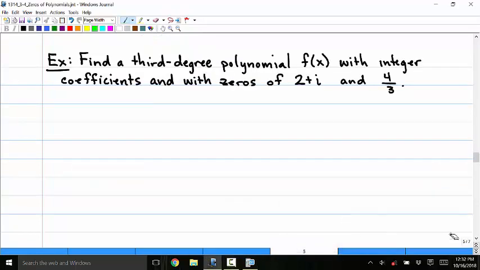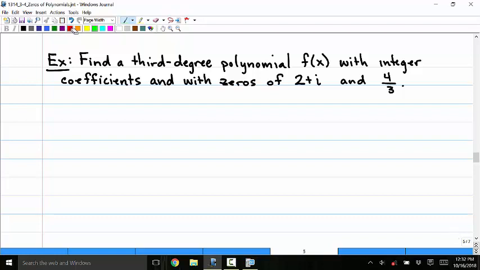Okay, next problem says to find a third degree polynomial with integer coefficients, and it has zeros 2 plus I and 4/3. How many zeros did they give you? Did they really only give you 2? They really gave you 3.